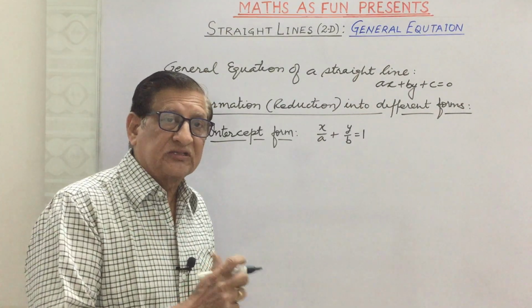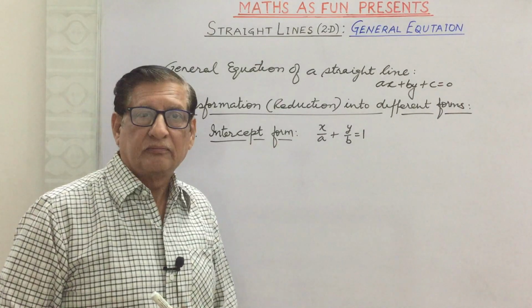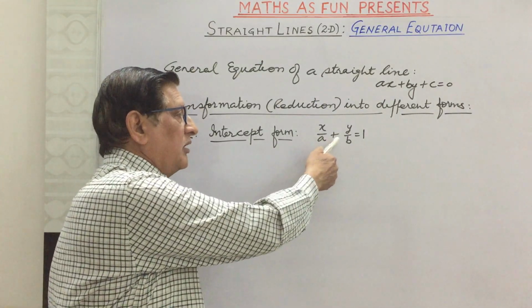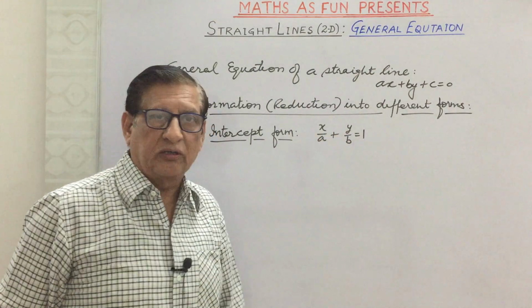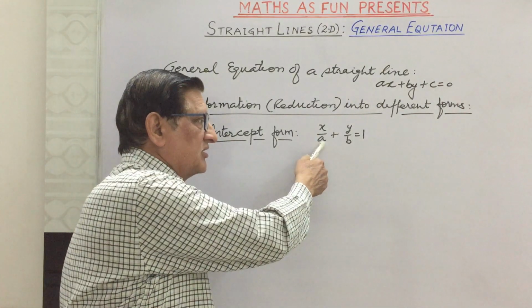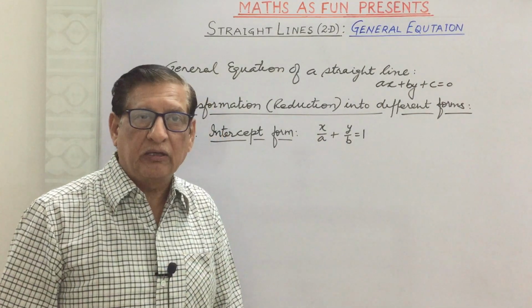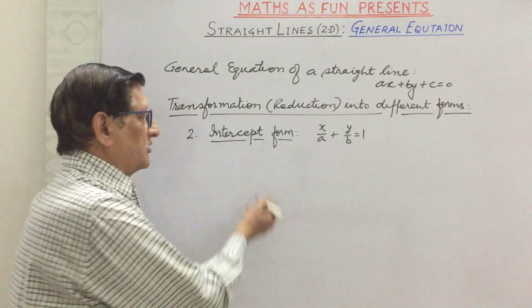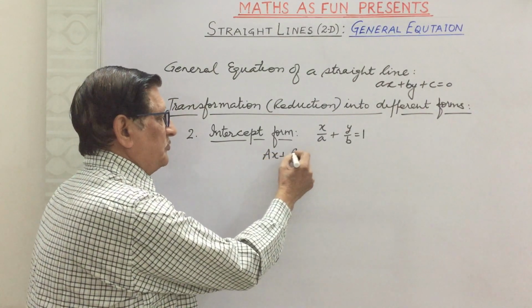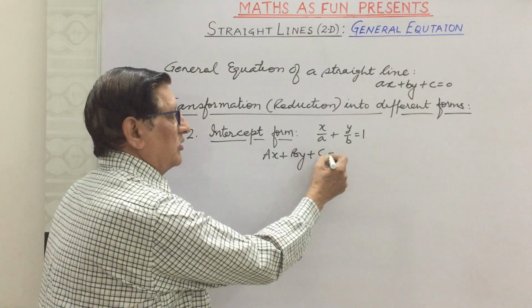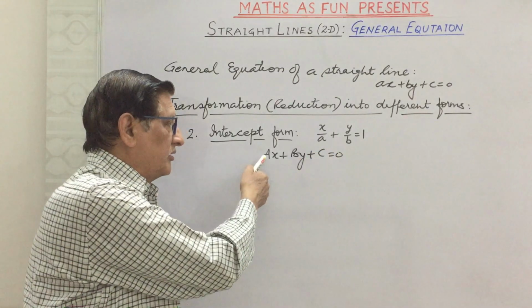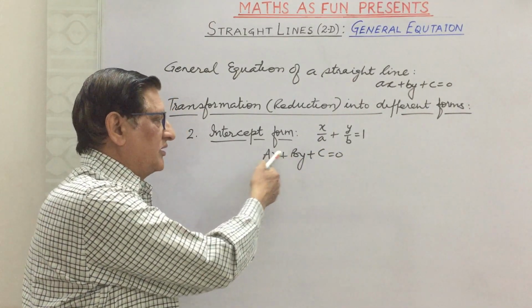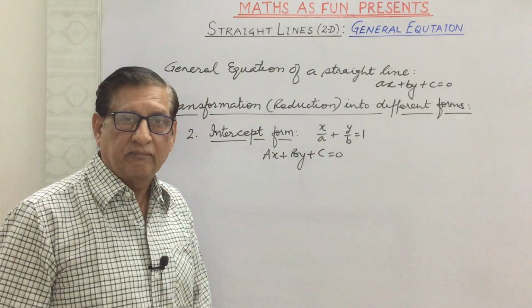The second form is intercept form, that is x upon a plus y upon b equal to 1, where a is x intercept and b is the y intercept of the line. Now general equation is Ax plus By plus C equal to 0. We have taken here the coefficients of x and y as capital A and capital B. Why it is?